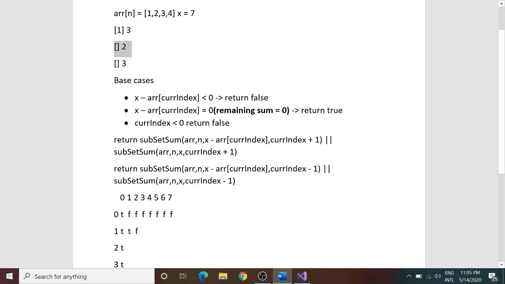So where in the matrix can I find this subproblem? This subproblem means an empty set, so my first row signifies the empty set. And where will I find a leftover sum of 2? I will find a leftover sum of 2 over here.